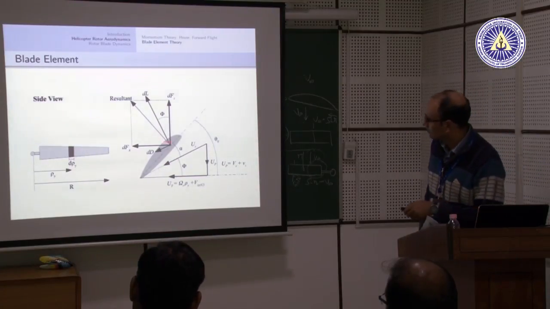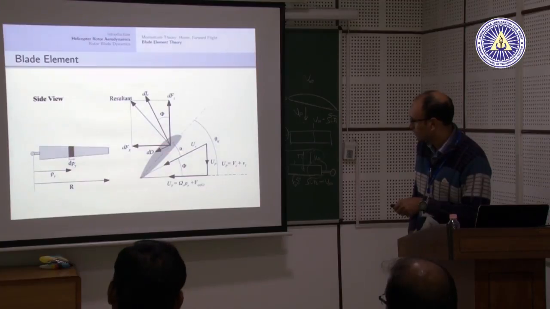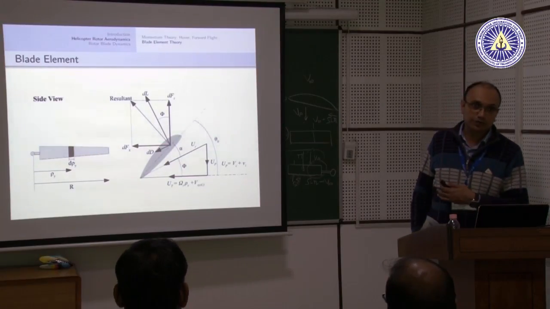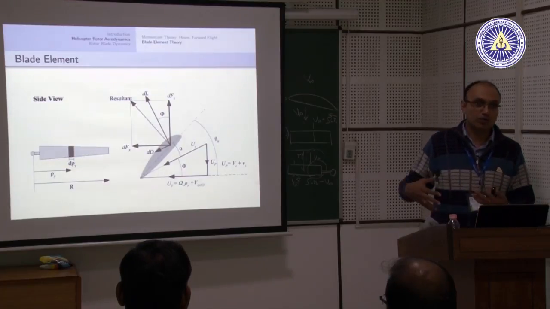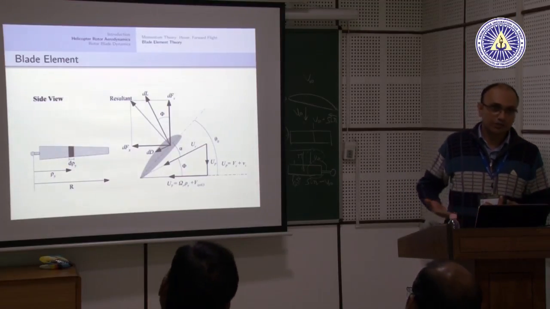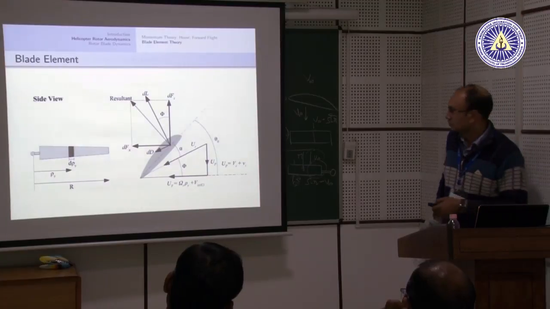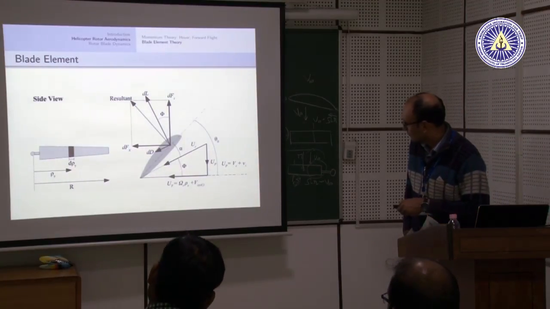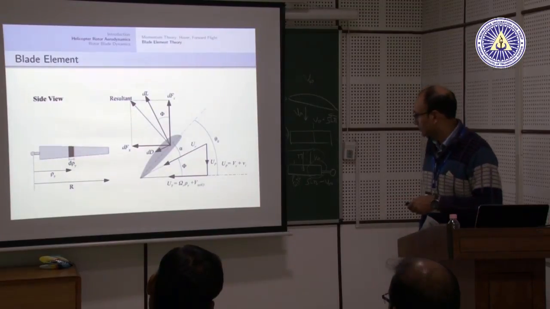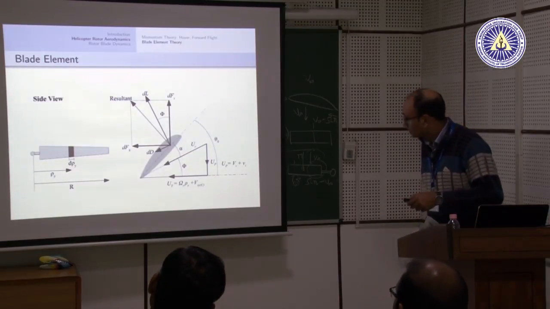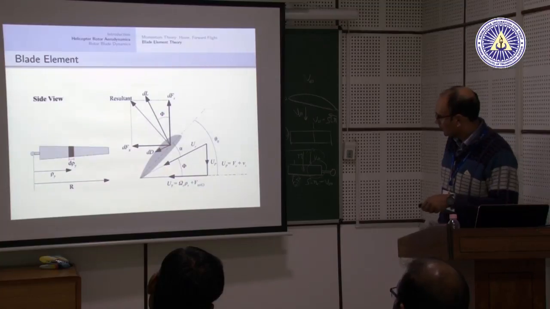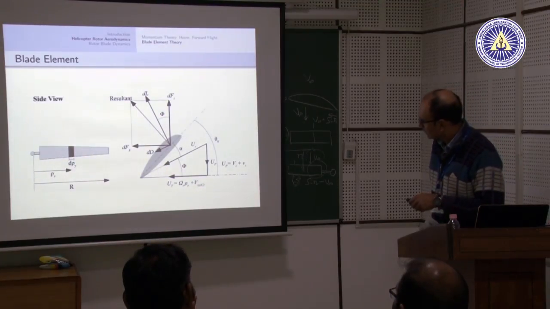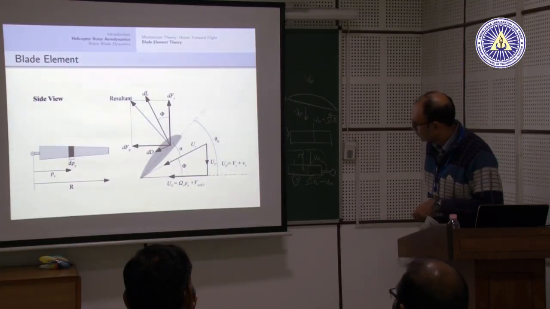Okay. And this axial force, or rather the in-plane force dFx, is of relevance to me because this will help me find out how much torque my blade is going to require to make it spin. So this is also important to us. And this angle, which gives the relationship between my perpendicular and up and ut, is called the induced inflow angle.